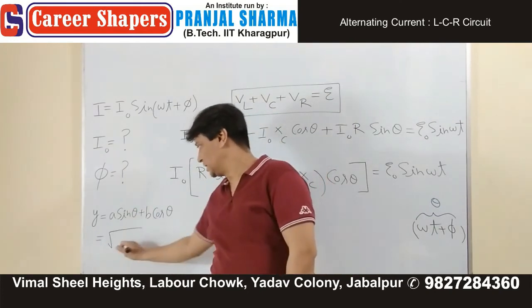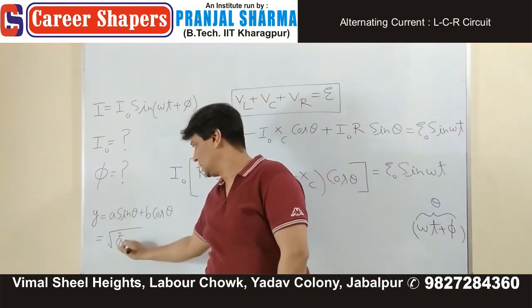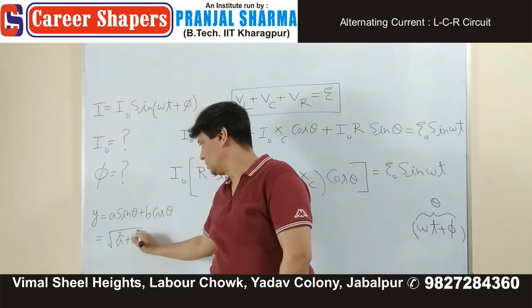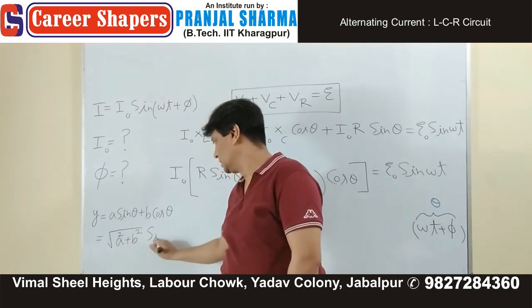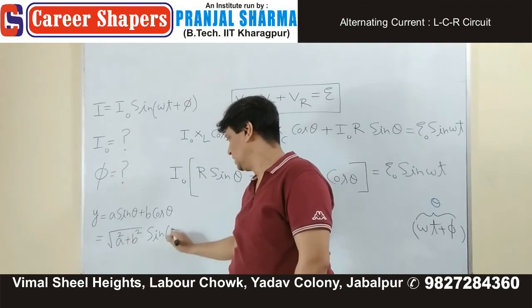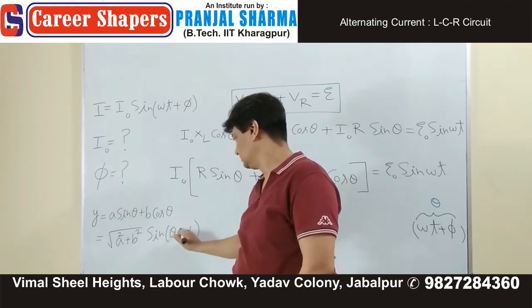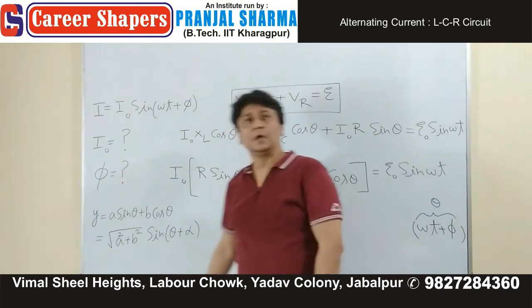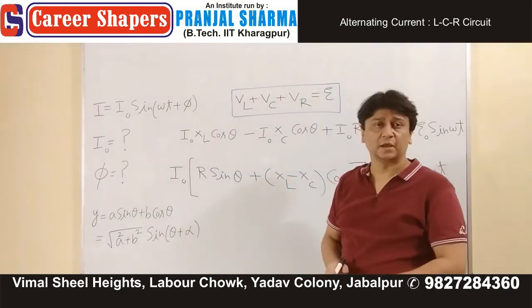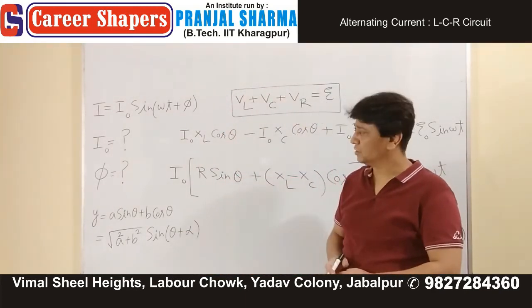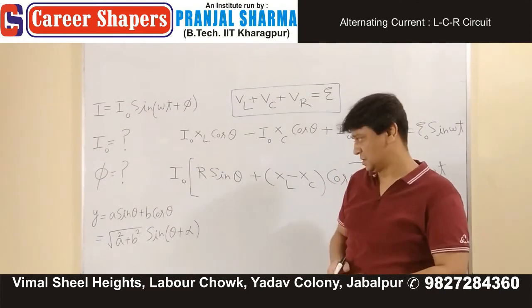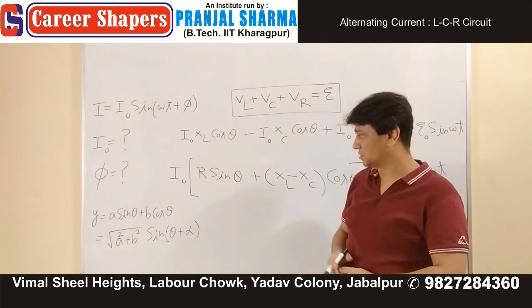This whole thing is root over a square plus b square sine of theta plus alpha. You must have seen this in simple harmonic motion, in waves in 11th, and in vectors also.